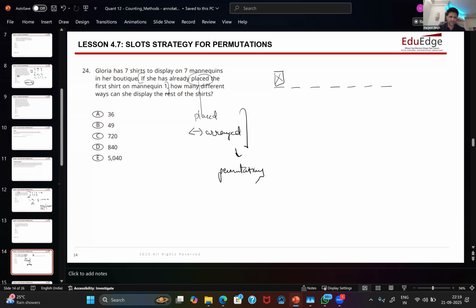So now, can I say the first one is ruled out? It's already blocked. From the second position onwards, can I say there will be 6 shirts left? So hence 6 ways of putting up. And after you exhaust the second place, when you come to the third place, third mannequin, can I say 5 choices will be left? And so on and so forth. And then you can multiply all these.